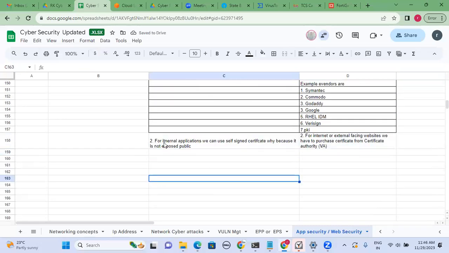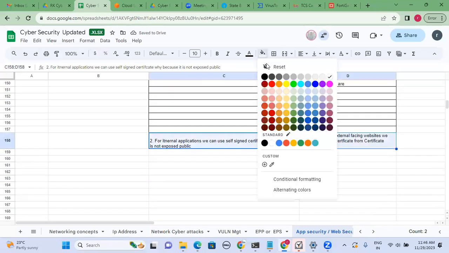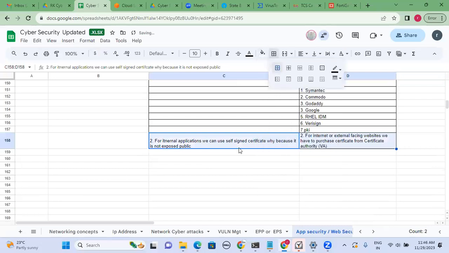Now note, I will also write what our role is, and what the application development team and the server deployment team do.